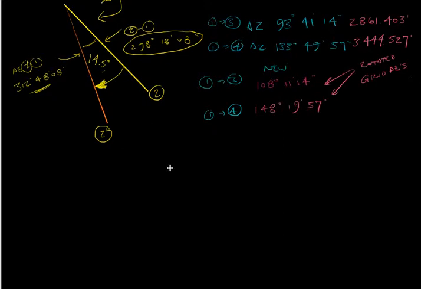Alright, so here we go. Okay, so our distance, so this is 1, and this is 3, and this distance is 2861.403, and this angle is the difference between 180 and 108, 11, 14, which is 71, 48, 46.